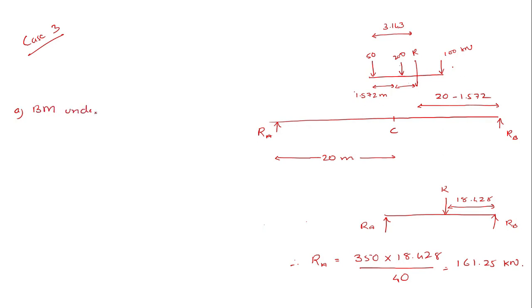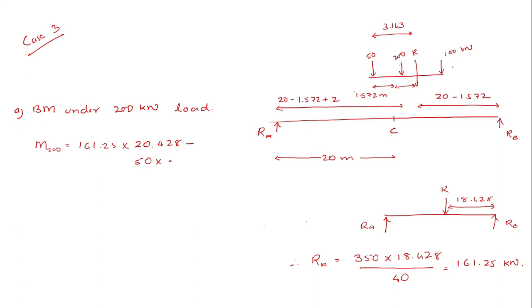Okay. Now, bending moment under 200 kilonewton load. M200 will be equal to 161.25 multiplied by the distance from this corresponding point to here, that will be equal to 20 minus 1.572 plus 2, that will be equal to 20.428, minus 50 into 2.